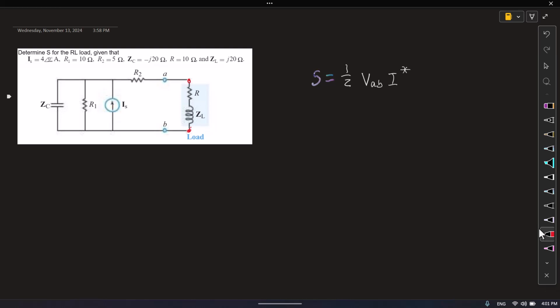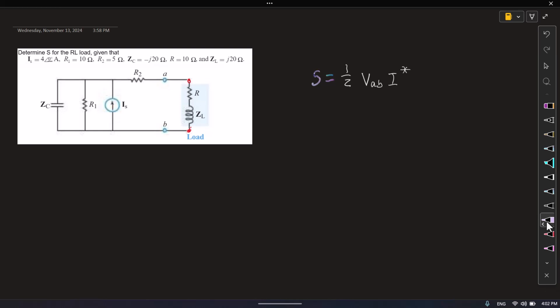So current division would tell me that I on RZL would equal the other impedance, which would be ZC R1 over ZC plus R1, because they're in parallel, over the total impedance. Oh yeah, you can't really see that. Okay, so that color's bad. But that's just as well, because that was going to be too complicated. Let me come up with a better way to do it.